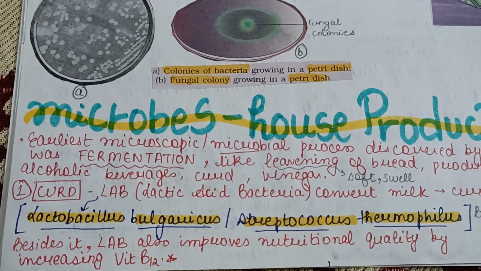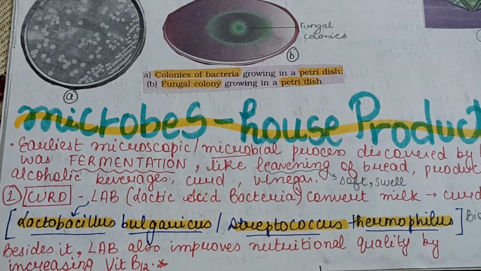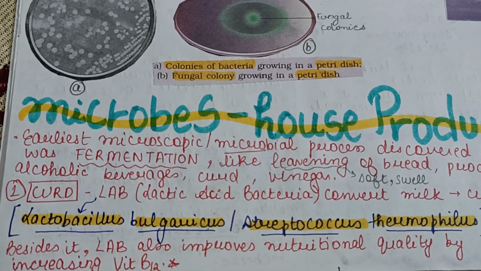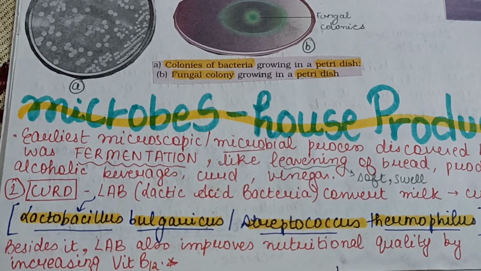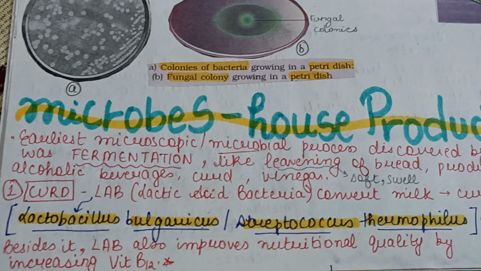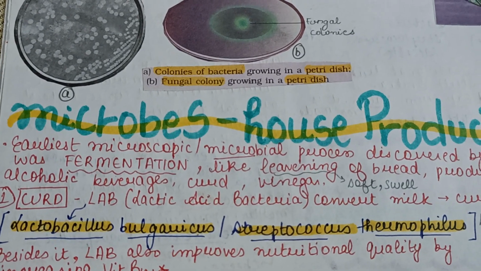Okay, so let's discuss our first example of household products in which microbes are present, that is curd. In curd, there is a bacteria called LAB, that is lactic acid bacteria, which is also known as Lactobacillus bulgaricus.